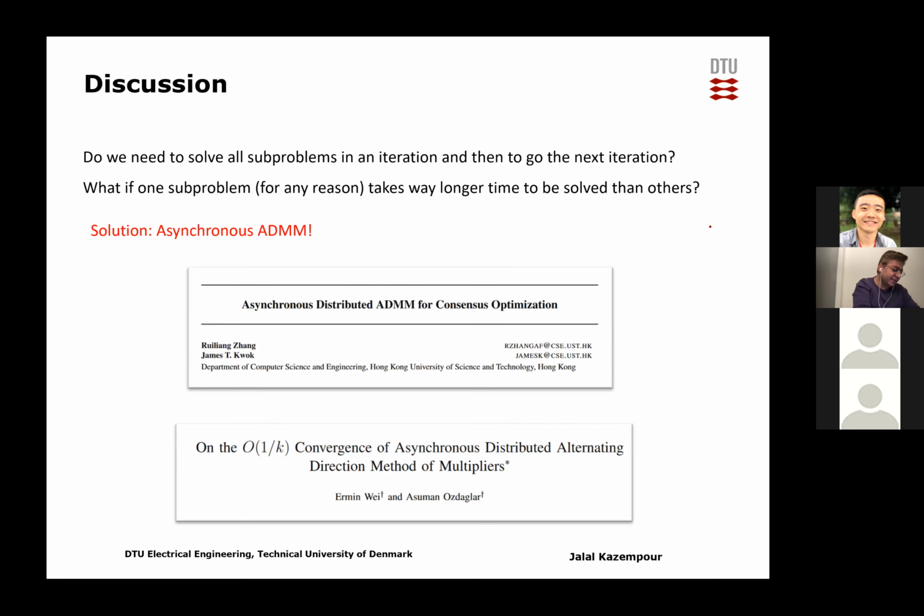So for that, in the literature, there is an asynchronous ADM technique, and it explains how to handle this time-consuming subproblem. We can leave it to be solved in iteration, let's say 2, and we go for iteration 3 for the rest of the subproblems, and wait for the lazy subproblem to find the solution and join the process in iteration 5, for example.